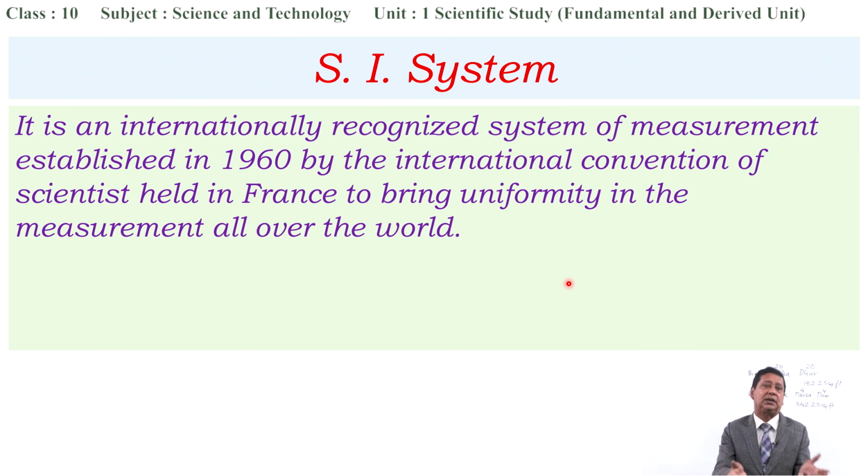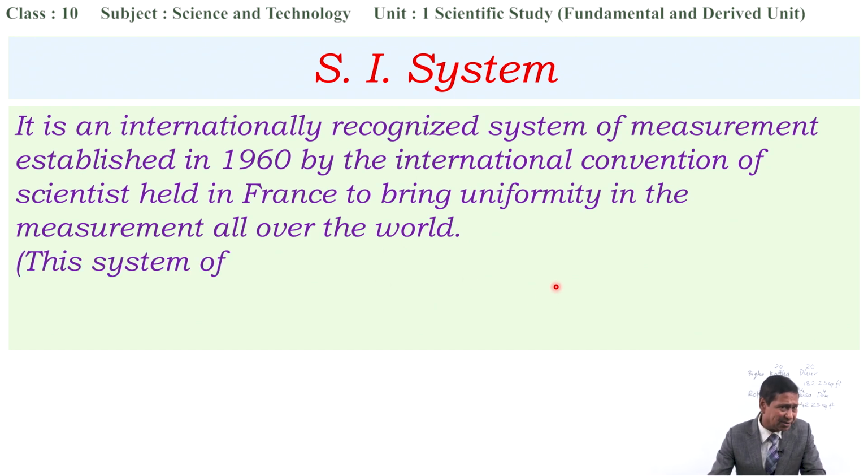That's why in scientific study, the same unit is used, and that system of measurement is called the SI system. This was internationally recognized in 1960 by the International Convention of Scientists held in France, and it brought uniformity in the scientific measurement. It brings uniformity in the measurement all over the world.